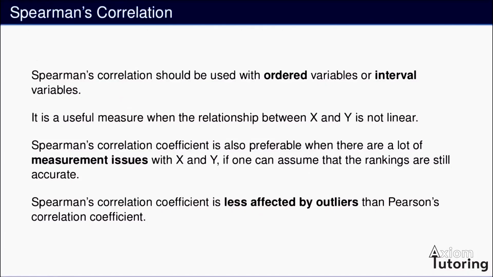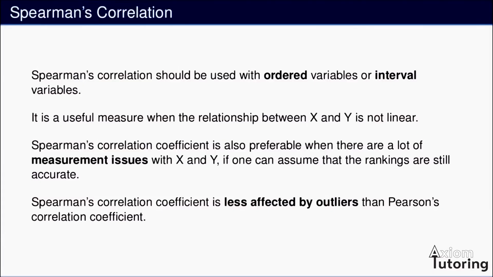So Spearman's correlation can be used with ordered variables or interval variables. And if you remember from the last video, for Pearson's correlation, we could only use it with interval variables. So that's one of the advantages of Spearman's correlation measure, is that we can use it also with ordered variables. So it's a particularly useful measure when the relationship between x and y is not linear.